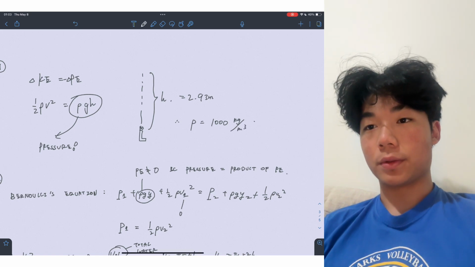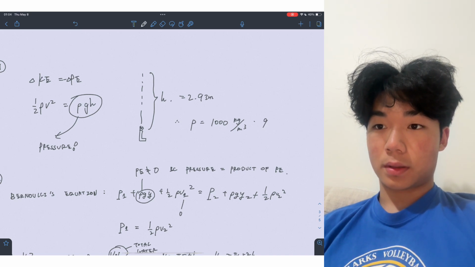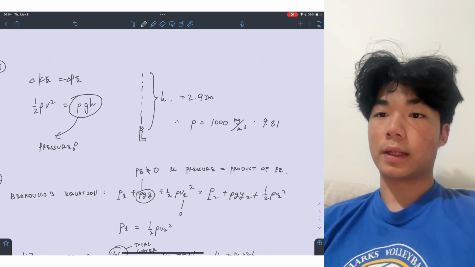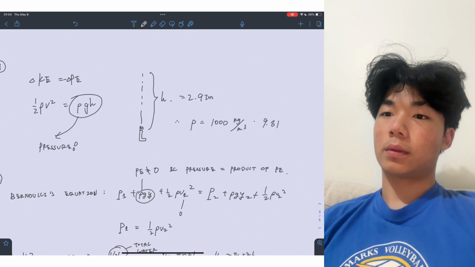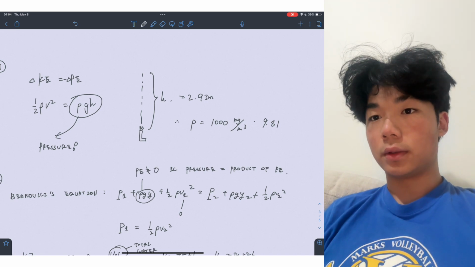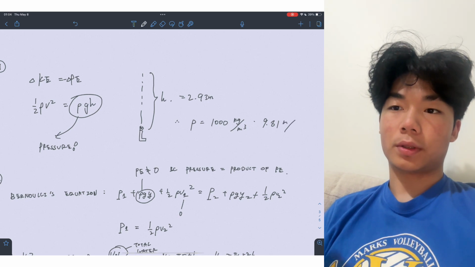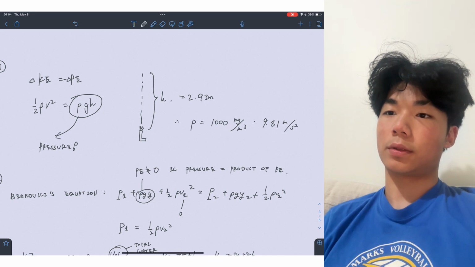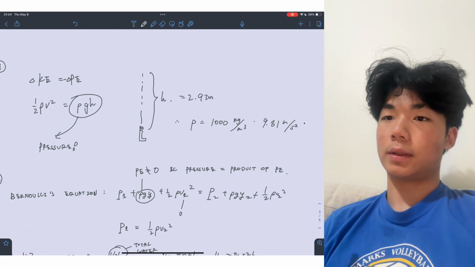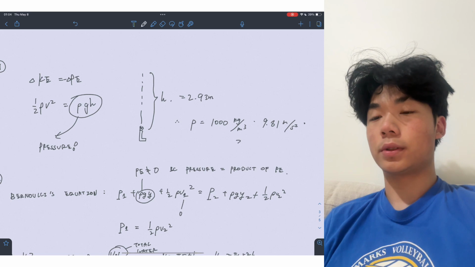The units are a bit confusing, so I just marked down the units. First of all, P equals rho g h, and rho, the density of water, is 1,000 kilograms per meter cubed. Then you multiply it by g, the acceleration due to gravity, which is 9.81 meters per second squared. And then you bring in my height, which I measured and already converted, 2.93 meters.